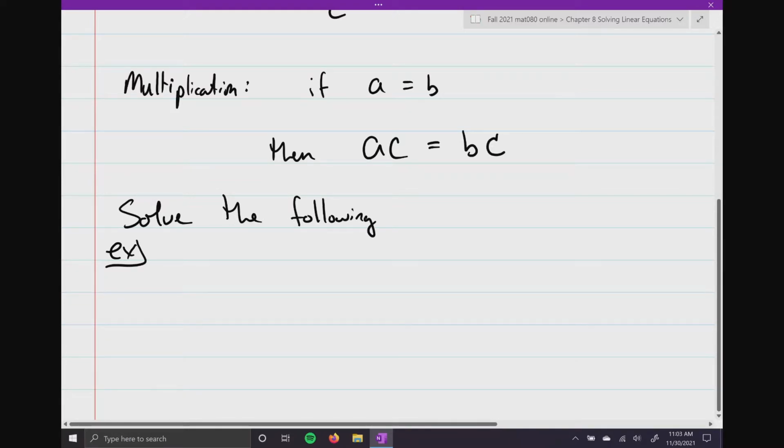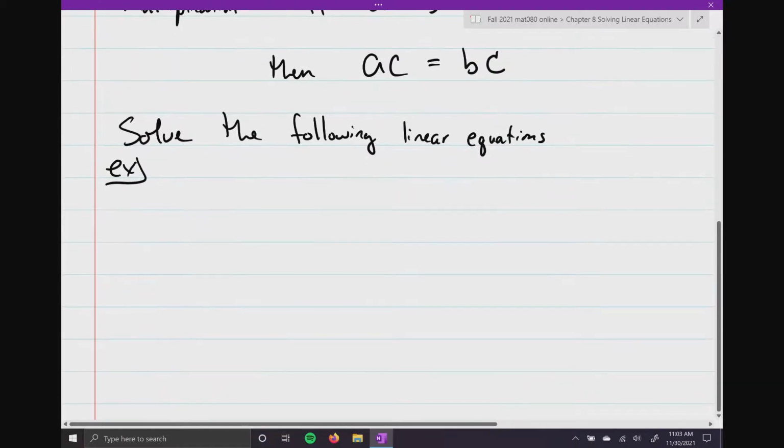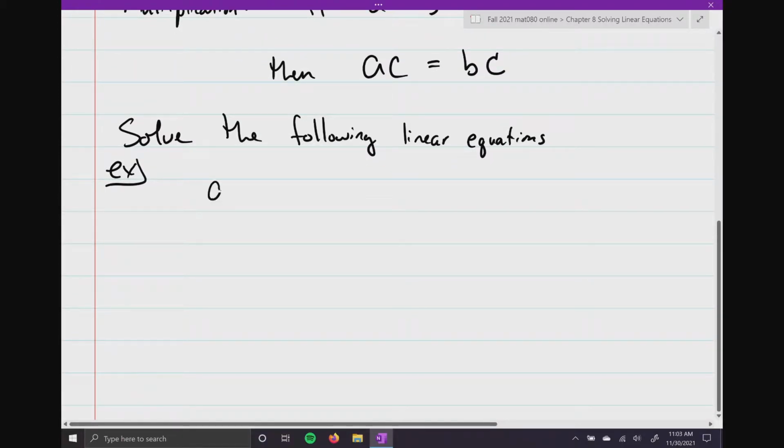So solve the following equations. Let's be more specific. Linear equations, because the variables will always be raised to the first power. Okay? So here's the first equation. Now remember, the goal is to isolate the variable. Okay, that's our goal.